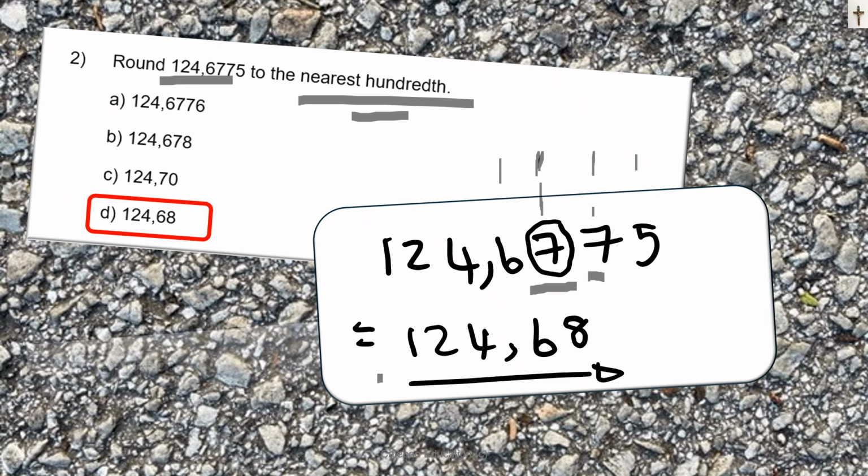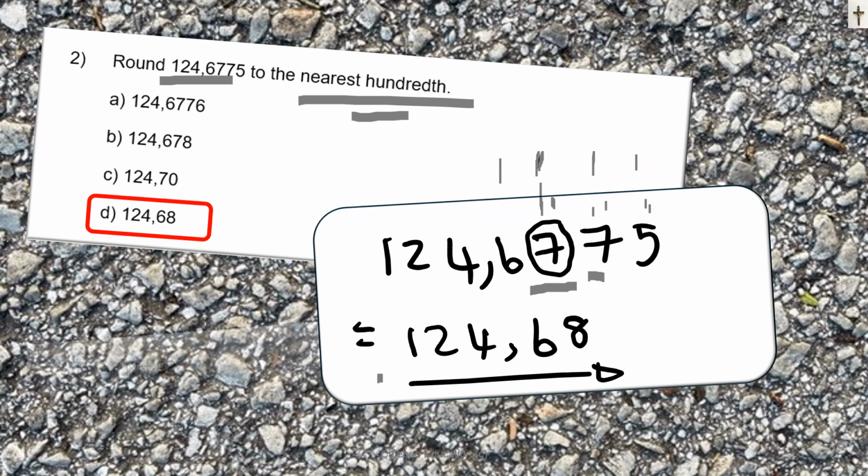This takes a bit of practice, but the key to getting this correct is being able to identify what each number represents. Okay, you see I'm getting a little bit confused.